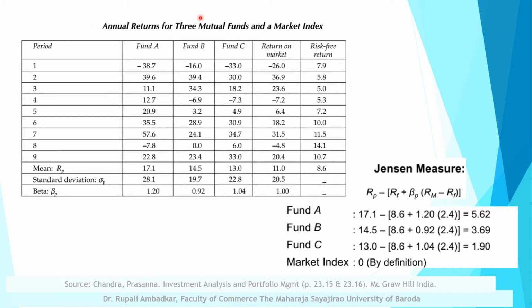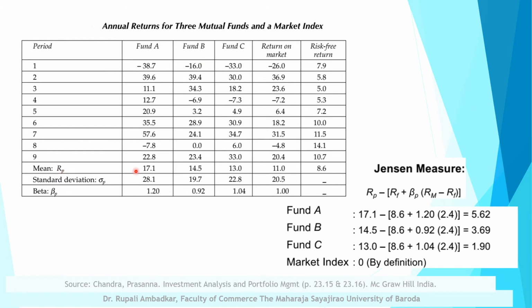We continue with the same example which we have employed earlier to discuss the Treynor's measure, the Sharpe measure and the M-square measure. We have been given information about 3 portfolios, Fund A, Fund B, Fund C, and the return on market and the risk-free return for 9 periods.